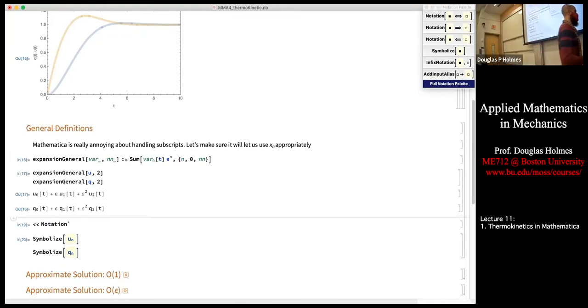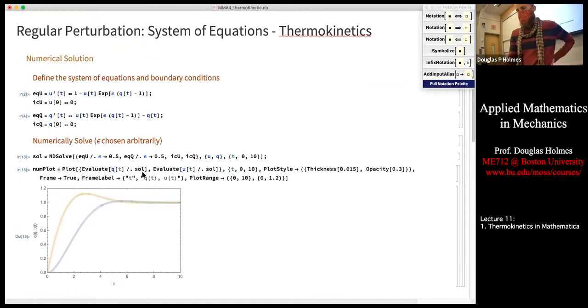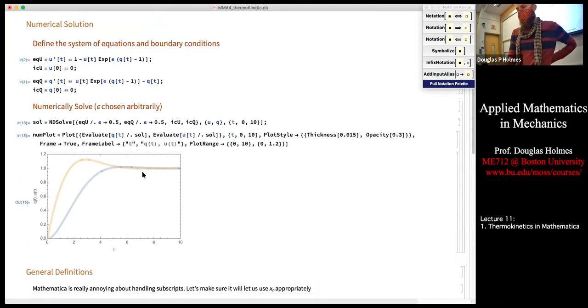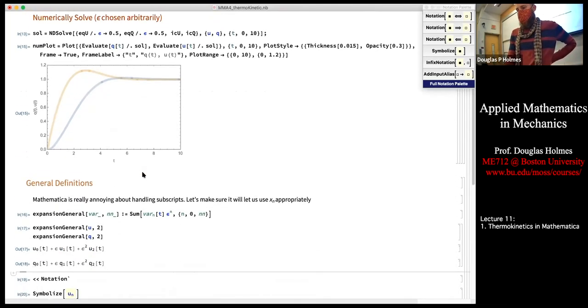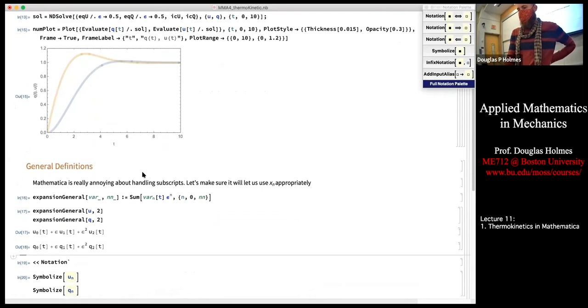Can you scroll up? Yep. Professor Holmes, I have a quick question. Sometimes when you're writing variables, you do q of t or u of t or bar n of t, but then sometimes you just write u and q.